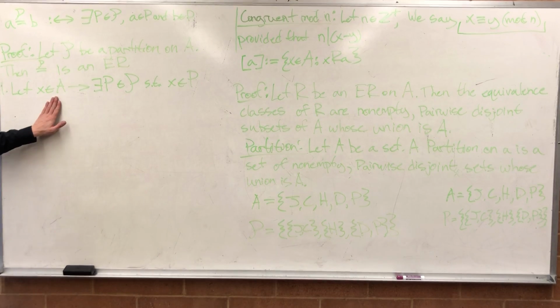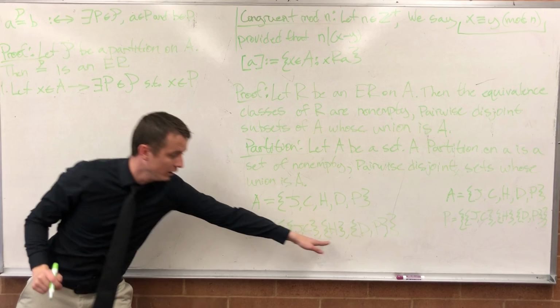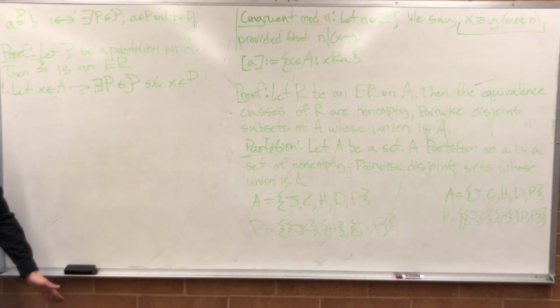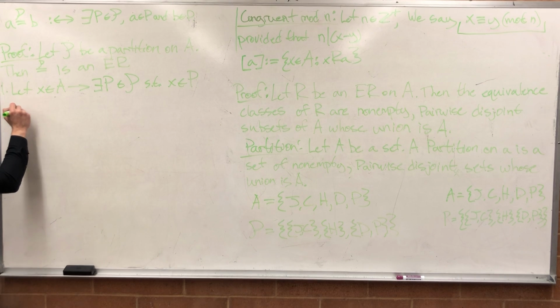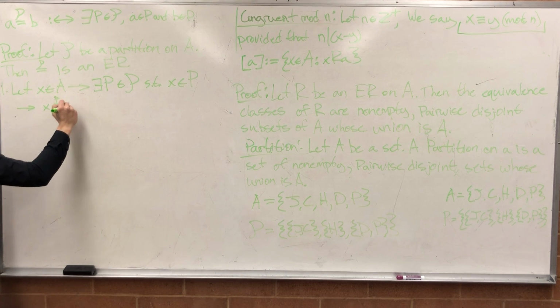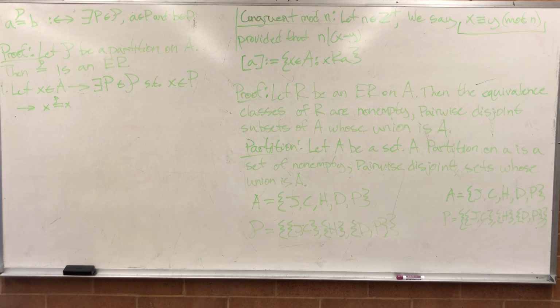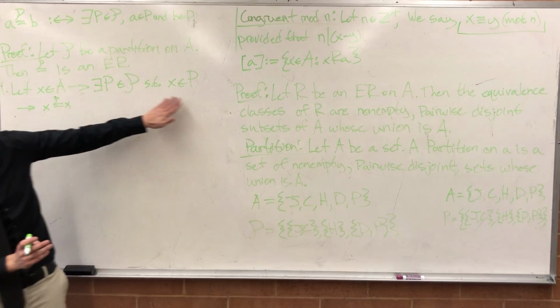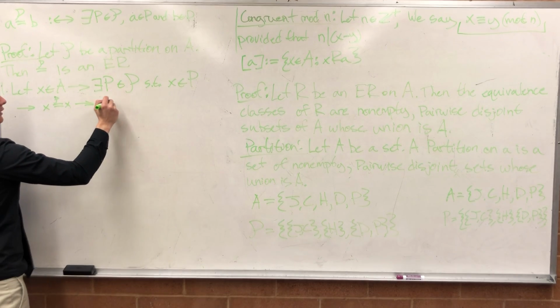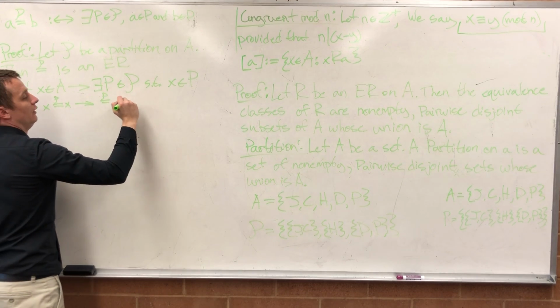If you're in the class, you have to be in one of these parts. Right? And now, since you're in the part, you're definitely in the same part as yourself. Okay. So all we really need to do there is show that you're in some part. Since you're in some part, you're in the same part as yourself. So it's reflexive. So that gives us that this is reflexive.